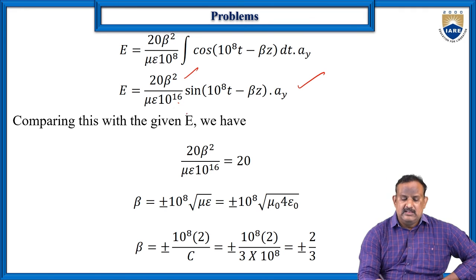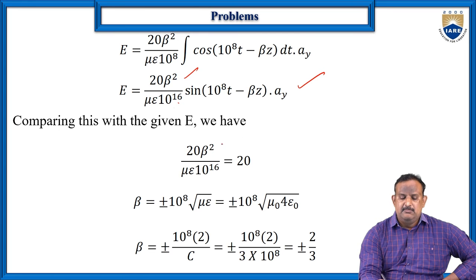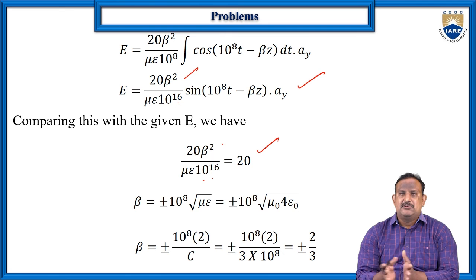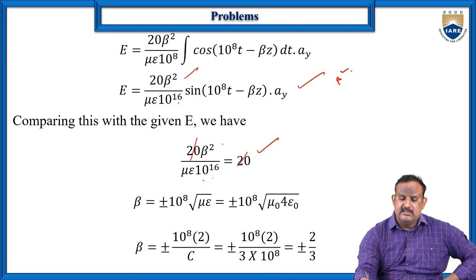Now if you compare the electric field intensity with the starting electric field intensity, then we have 20 beta square by mu epsilon into 10 power 16 is equal to 20. Just compare the amplitudes. So 20 cancel each other. Therefore we can write beta square equal to mu epsilon into 10 power 16.